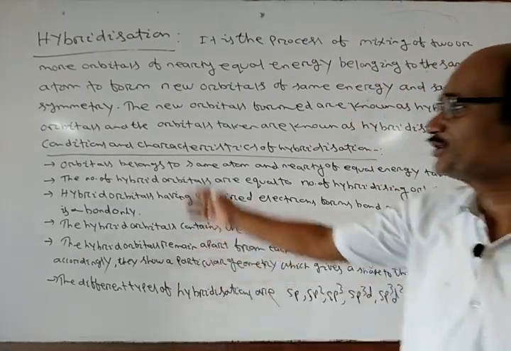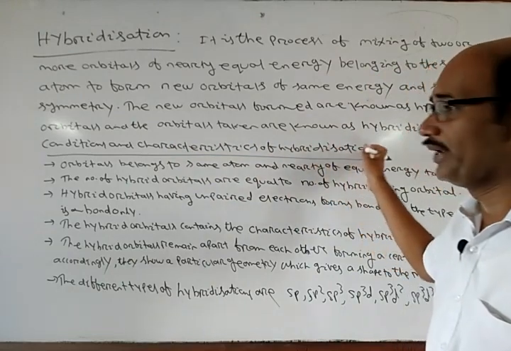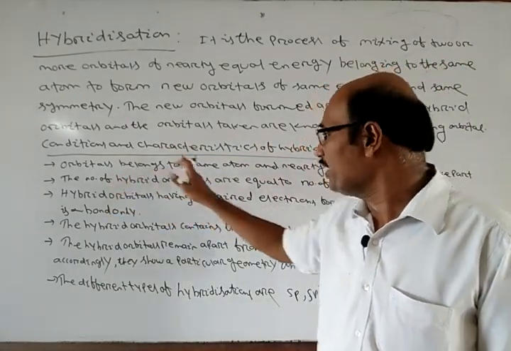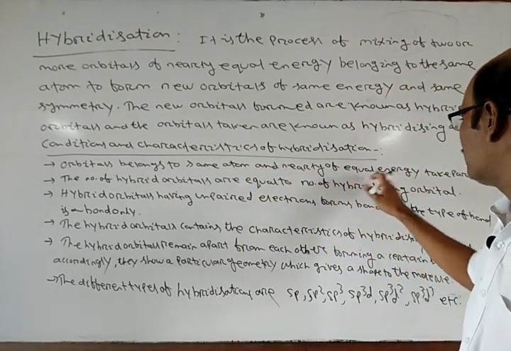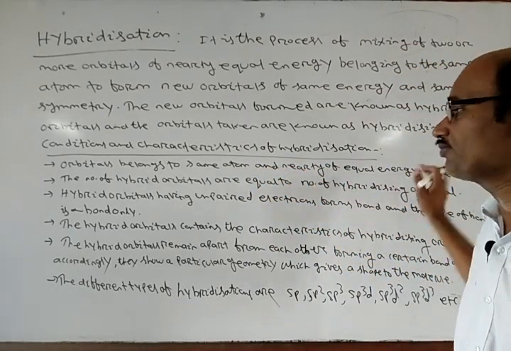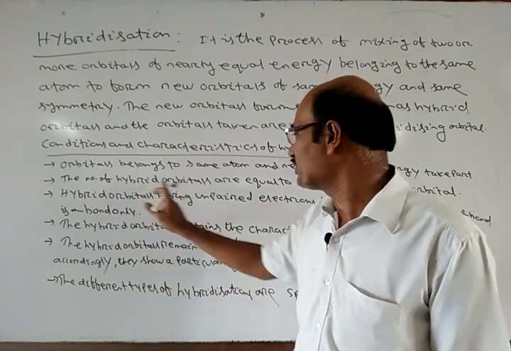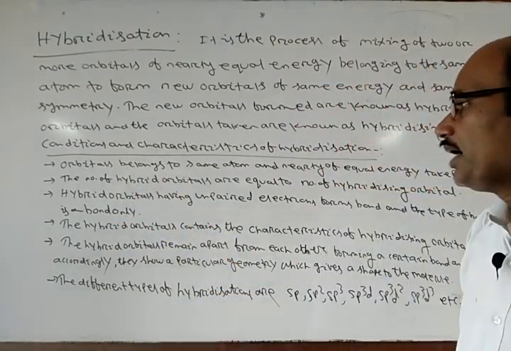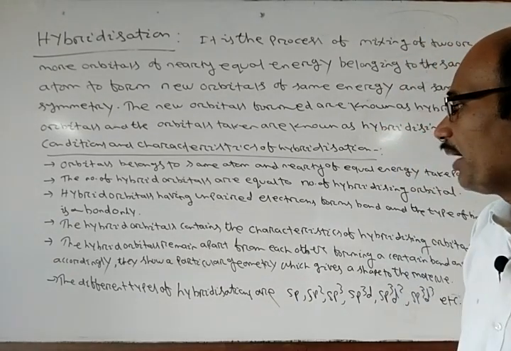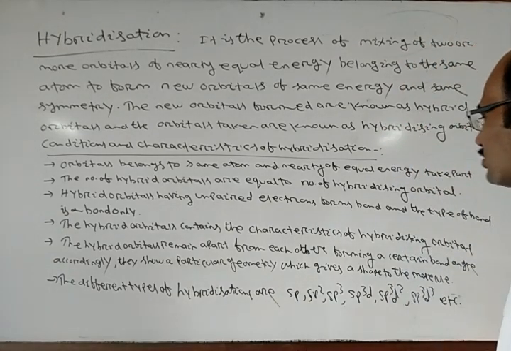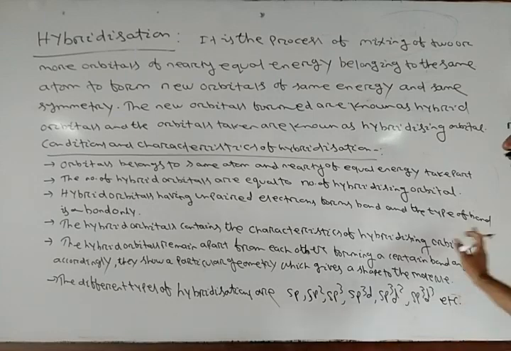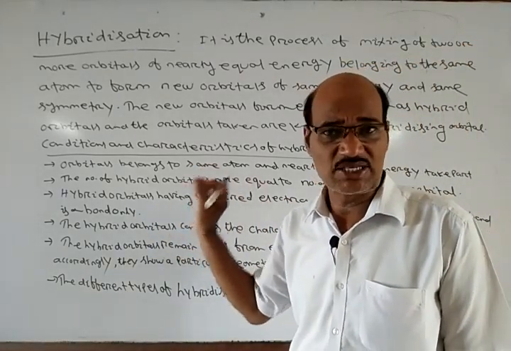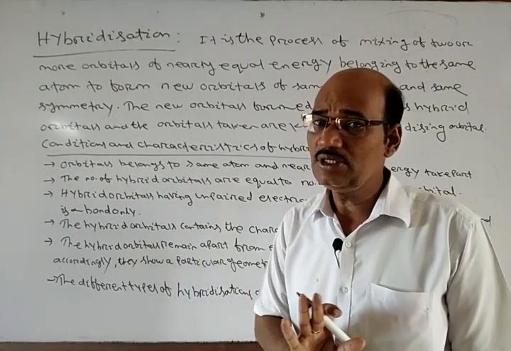Then what are the conditions and characteristics of hybridization? Orbitals belonging to the same atom and nearly of equal energy take part in hybridization. The number of hybrid orbitals is equal to the number of hybridizing orbitals. Hybrid orbitals having unpaired electrons form bonds, and the type of bond is always sigma bond. That means hybrid orbitals form sigma bonds only, they never form pi bonds.